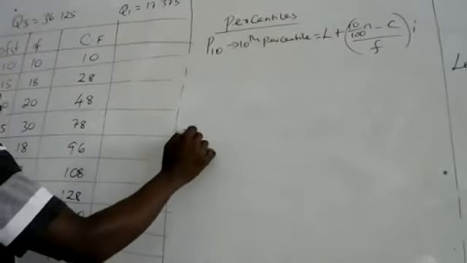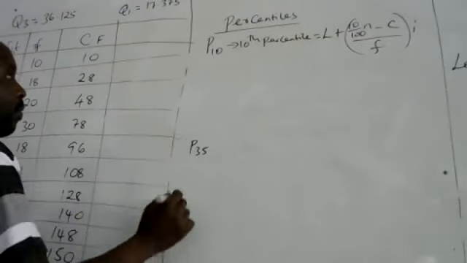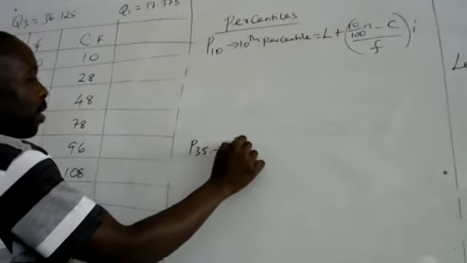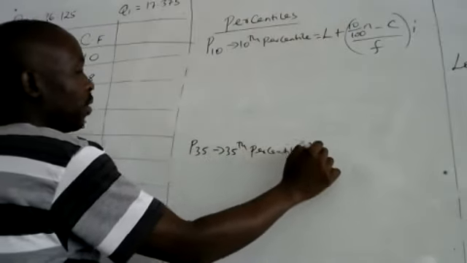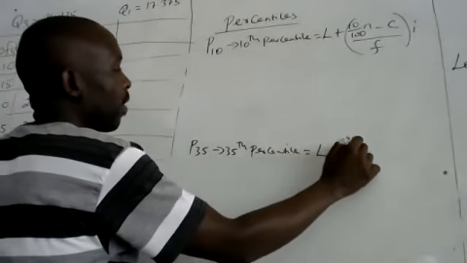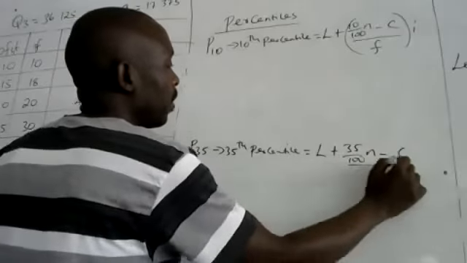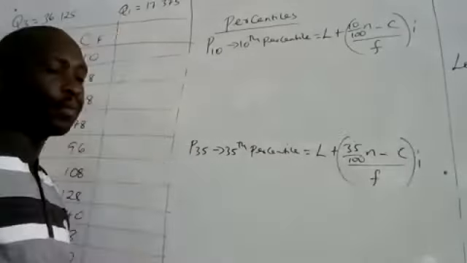Then, if for example you are looking for the 35th percentile, P35, this one means 35th percentile, which is given by L plus 35 over 100N minus C over F, then you multiply by R.